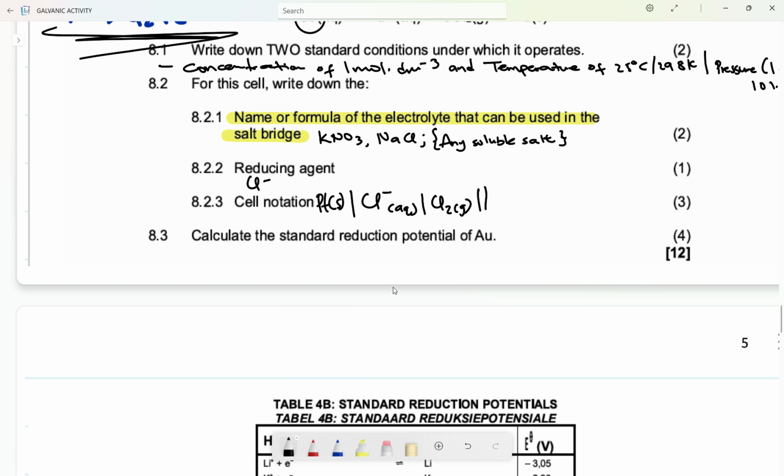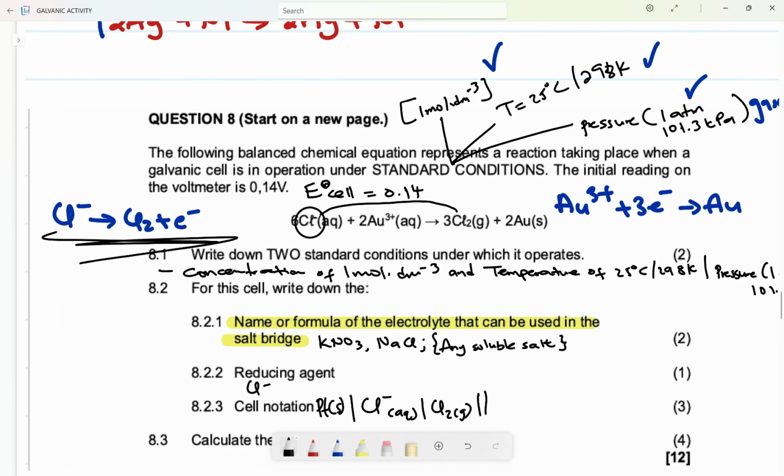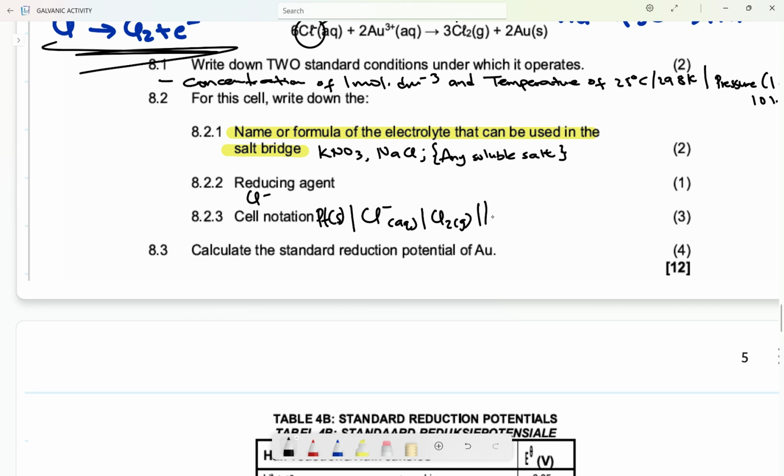Hence we add Pt there, because when we check here there is no solid, so we need to add an electrode. And then the one that undergoes this one, we just say Au3 plus, which is just aqueous, to Au, which is just a solid.